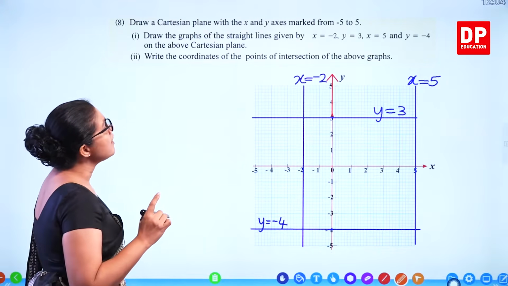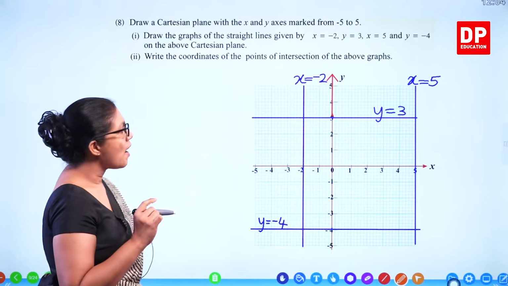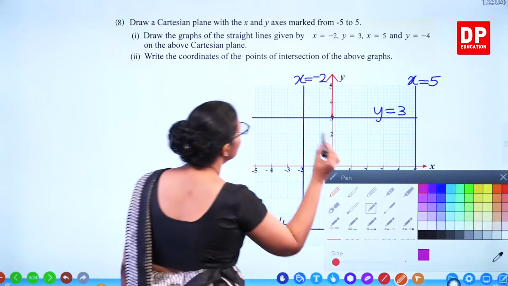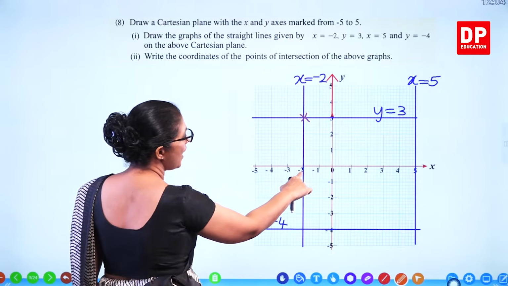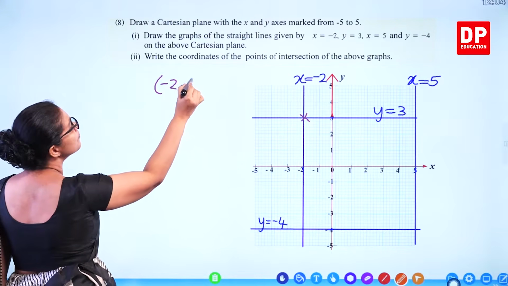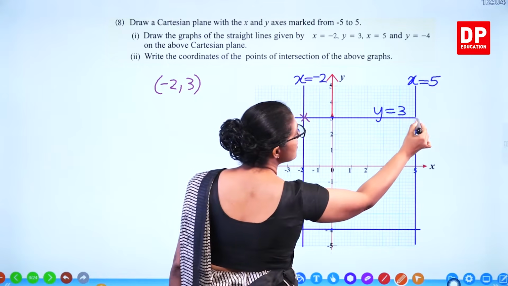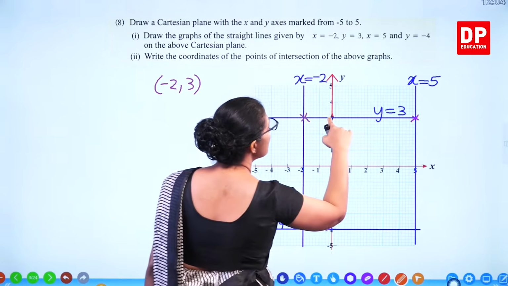Write down the coordinates of the points of intersection of the above graphs. So what are the intersecting points? One is here. Read that point: minus 2, 3. What's the other point? This is the other intersecting point: 5 with 3.